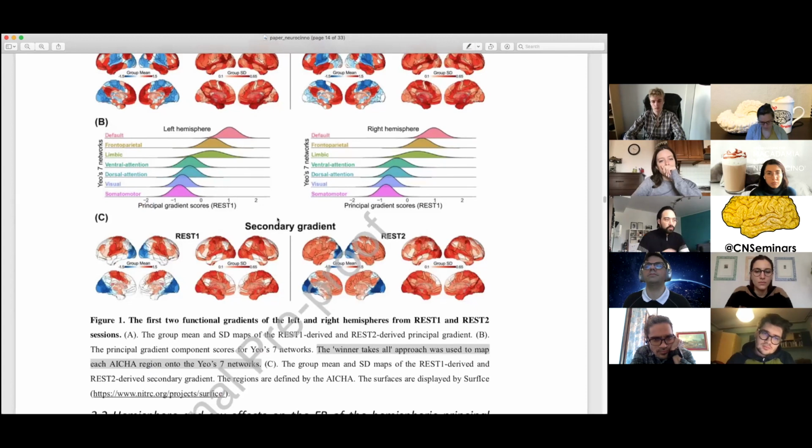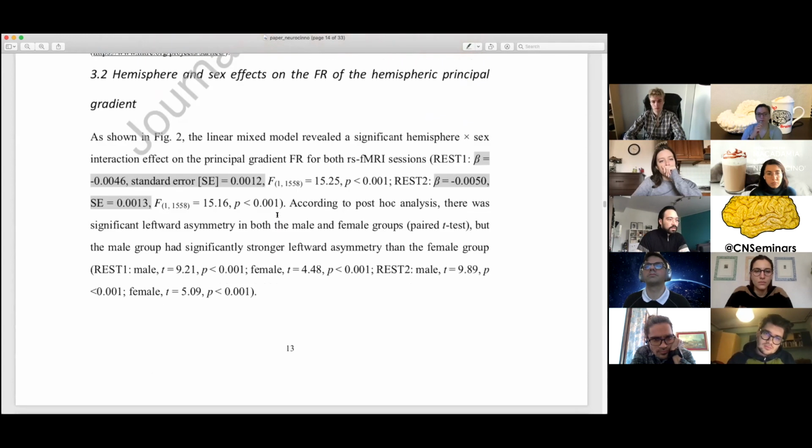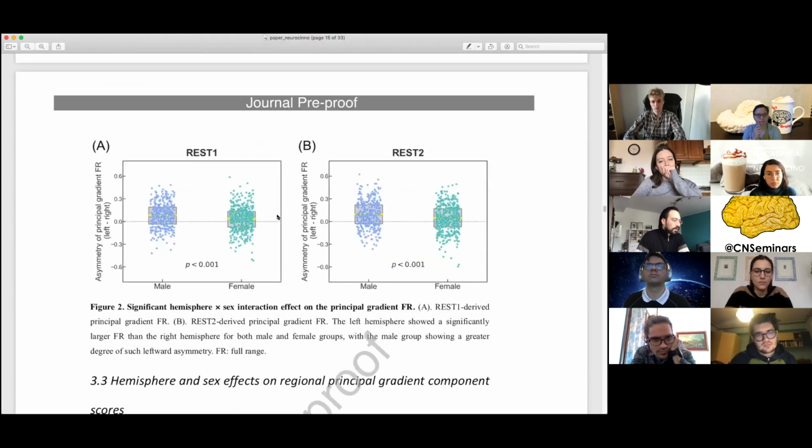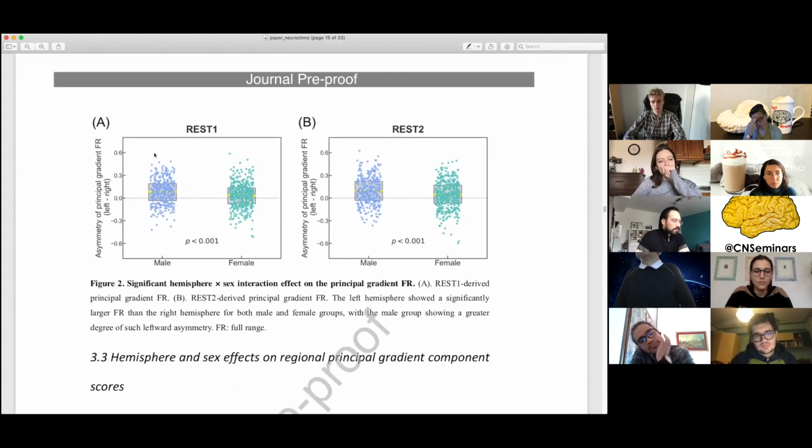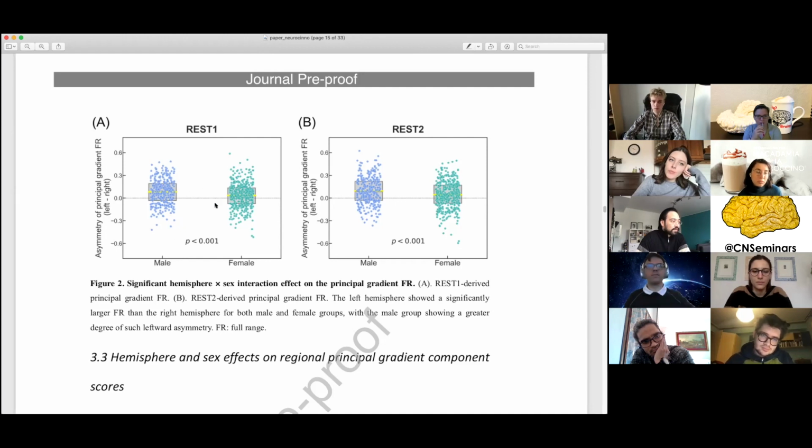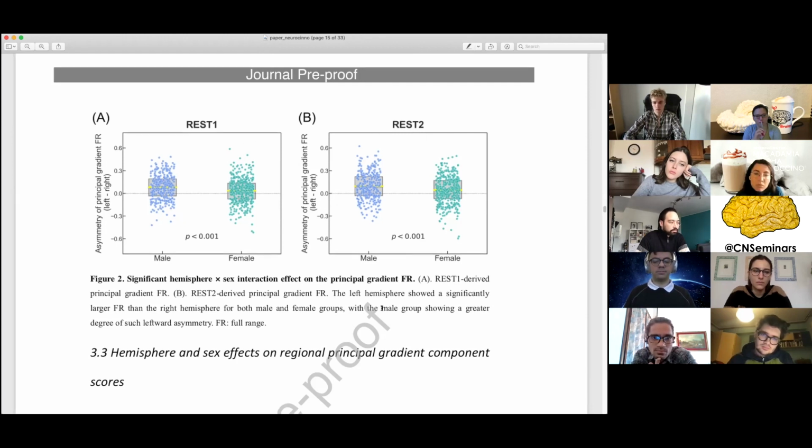When you do this for both hemispheres separately and calculate left minus right or right minus left, you end up with this graphic showing a significant difference in this full range, in the variance or complexity of the gradient, with males having significantly higher full range in basically the left hemisphere compared to females. And that's true for the first principal gradient in both sessions. So it's a stable result.